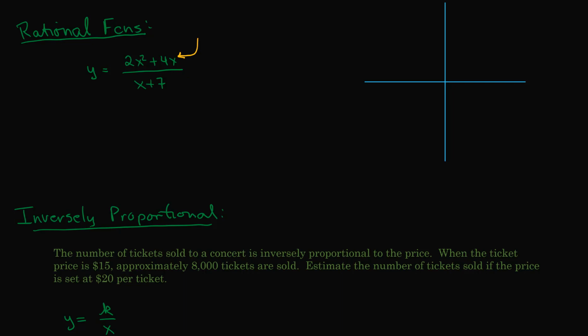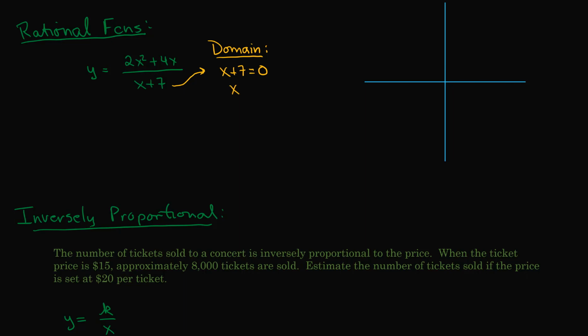When you are considering a rational function, you're going to want to determine what its domain is. The domain is very important to identify. The domain talks about what values of x you are allowed to use and what values of x you are not allowed to use. To compute the domain, you want to look at the denominator and say, okay, where does this denominator equal 0?